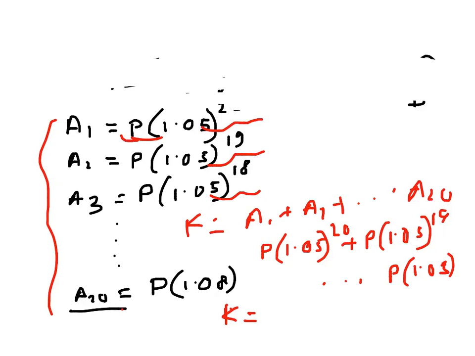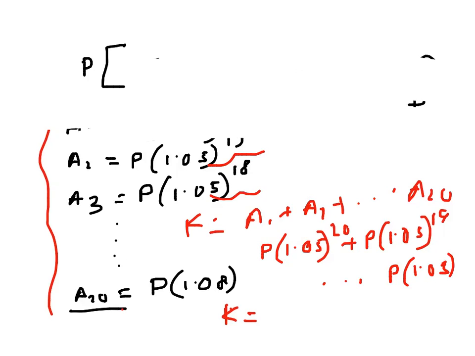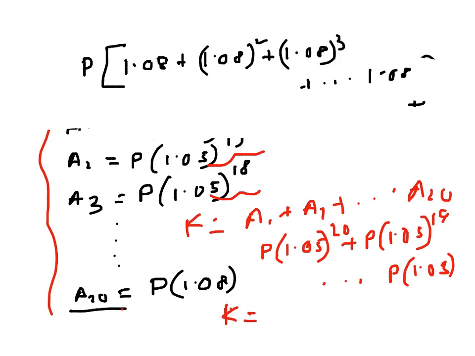I will actually write it here. So if I write the series properly, P, let's take out, it's becoming 1.08 plus 1.08² plus 1.08³ up to 1.08^20.